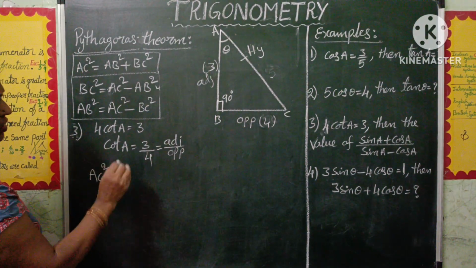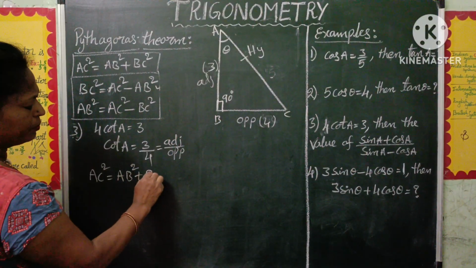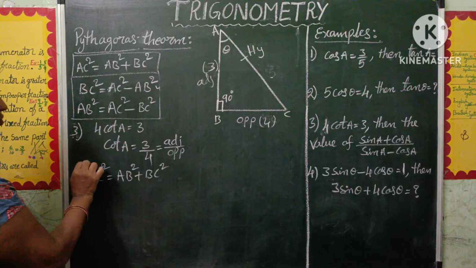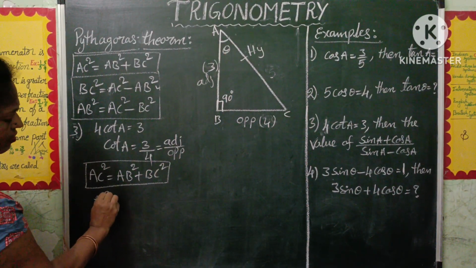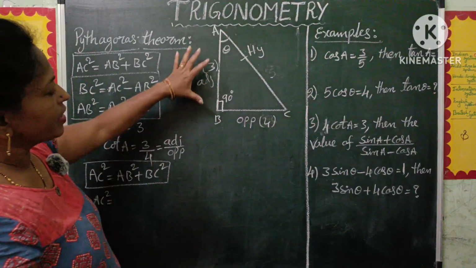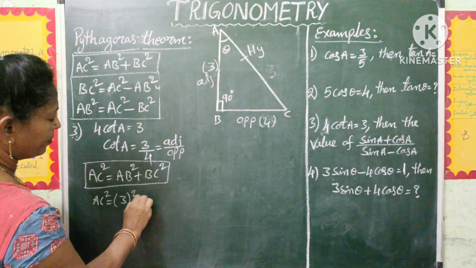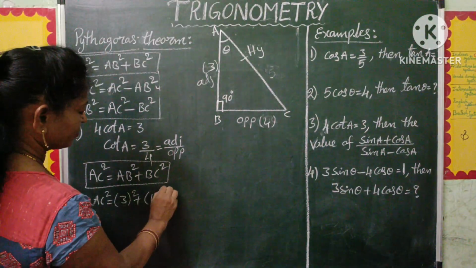Hypotenuse. AC square equal to AB square plus BC square. Here only the hypotenuse we don't know, so we need to find the hypotenuse first. So AC square equal to AB square. What is AB? 3. So 3 square plus BC is 4, means 4 square.